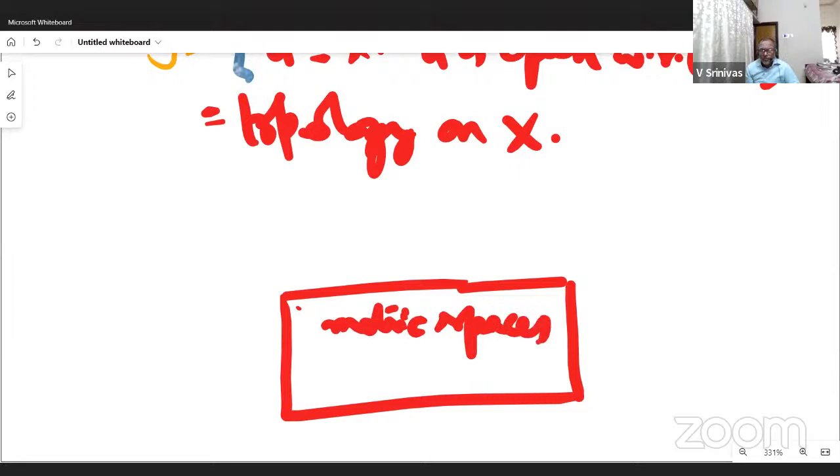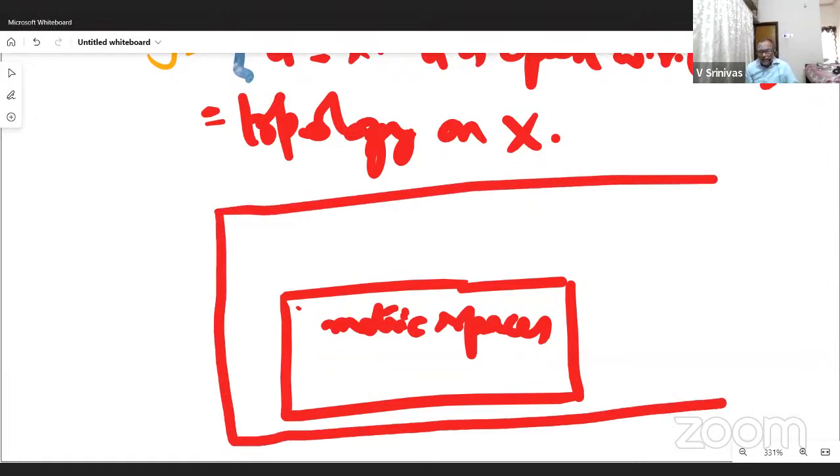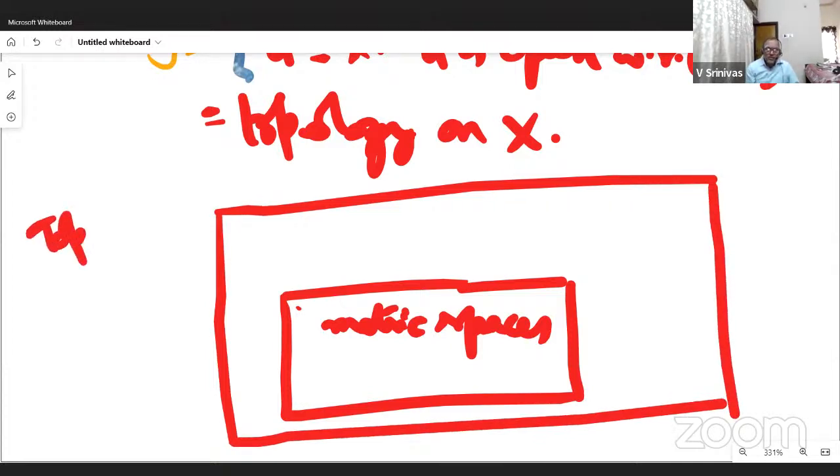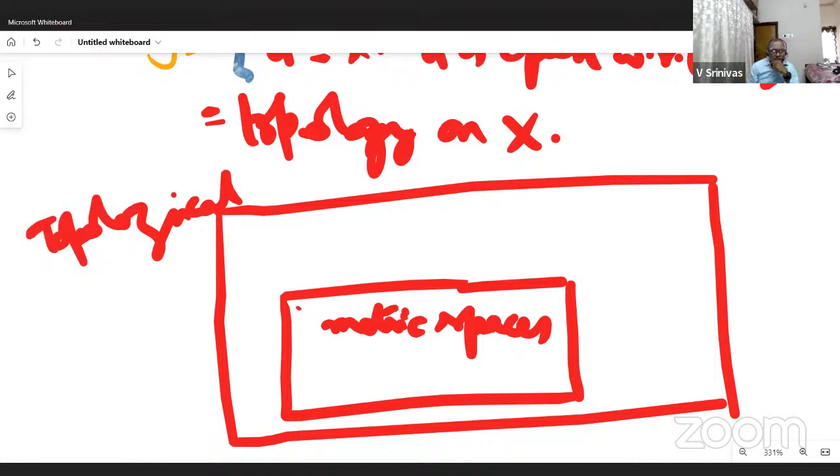Each metric space is a topological space. So the set of all metric spaces will be sitting inside the set of all topological spaces. This is the set of topological spaces.